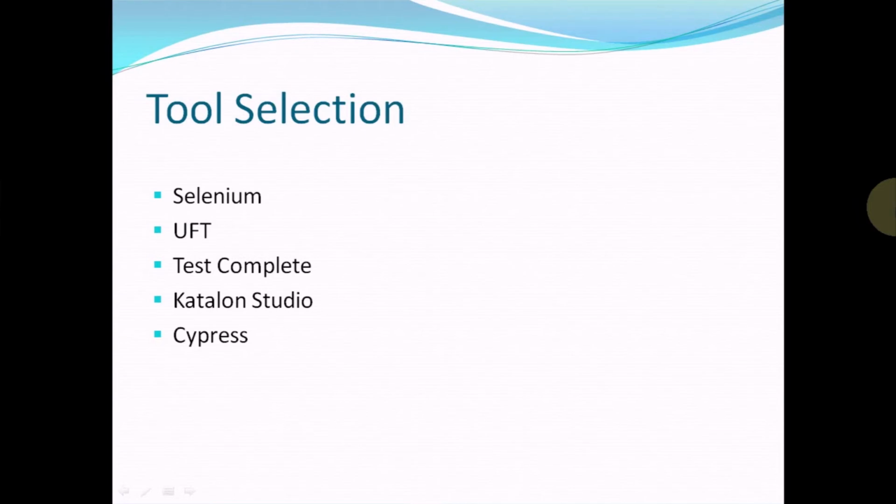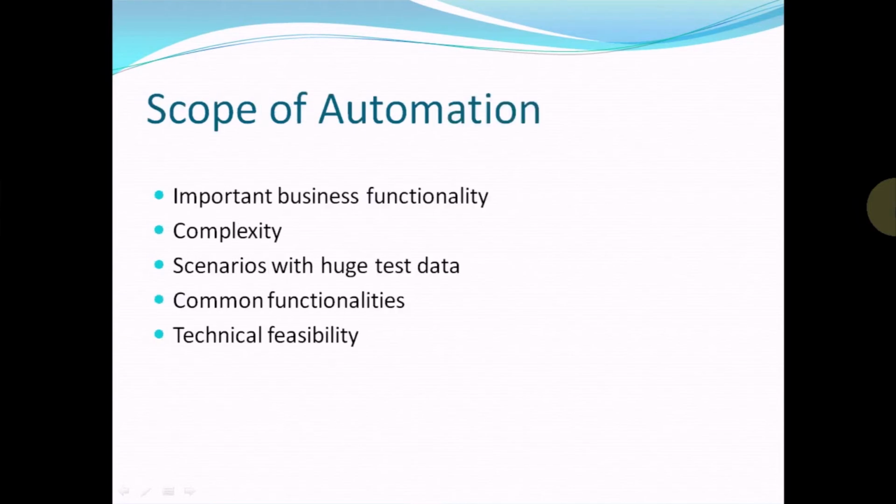This is the tool selection way, and next is the scope of automation. As part of the scope of automation, we identify the most important business functionality test cases, the complexity of the test cases, which test cases have a huge amount of test data, and which are the common repetitive functionality test cases.